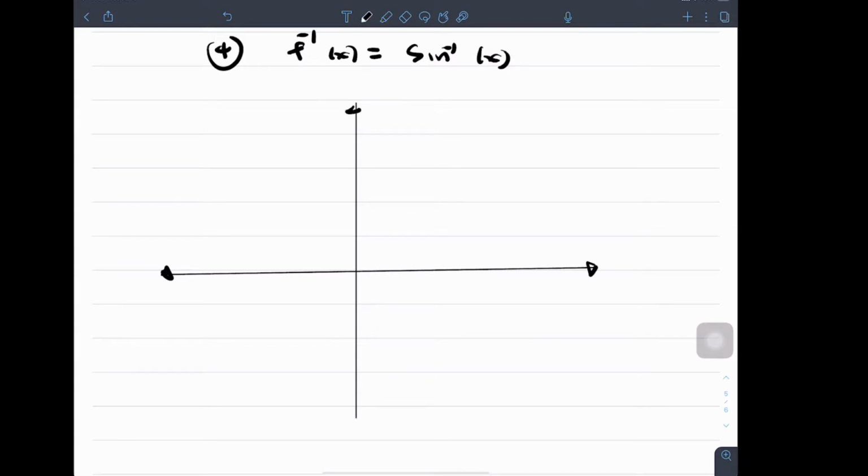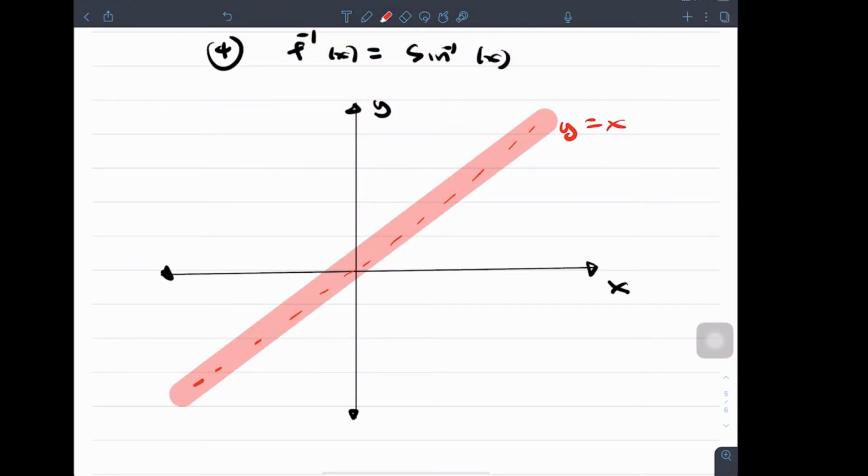You see this magical line right here? y is x. Any function and its inverse is reflected across that line, y is x.